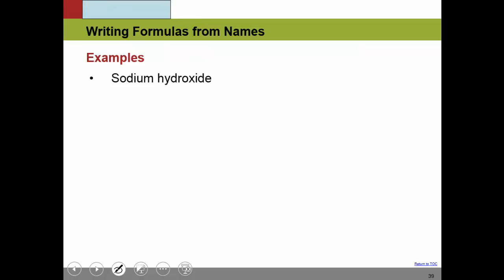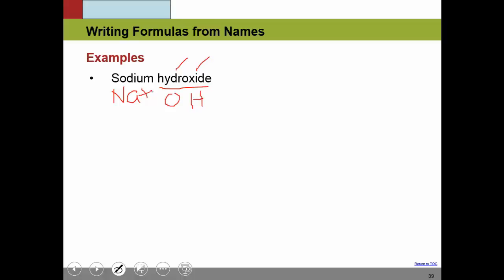Now, we should be able to write chemical formulas from names. So sodium hydroxide, write down the symbol for sodium. And hydroxide, there's no element called hydrox, so we know that it has hydrogen and oxygen. It's a polyatomic group, so it's OH.